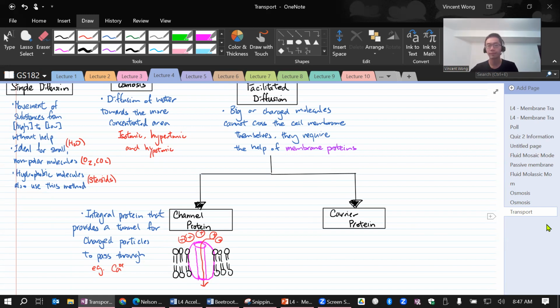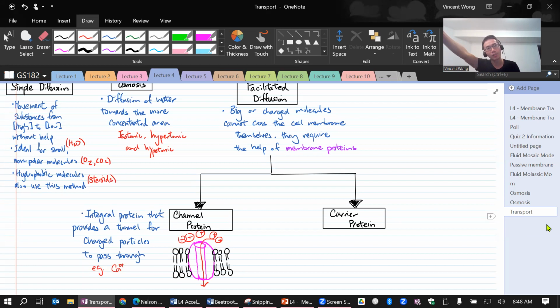Now, it's important to understand that the protein does not dictate the direction of the movement. The protein does not control whether the charged particle comes in or goes out. The protein is just there, providing a tunnel. What dictates the direction is the concentration gradient.